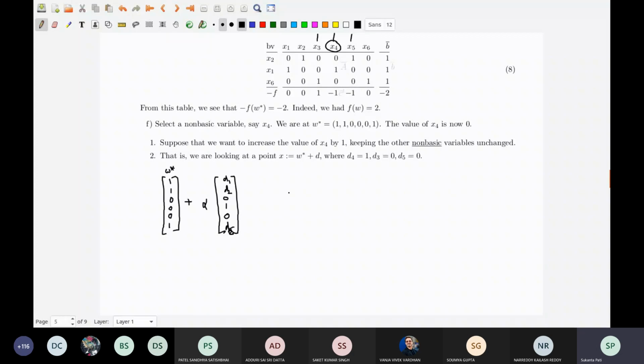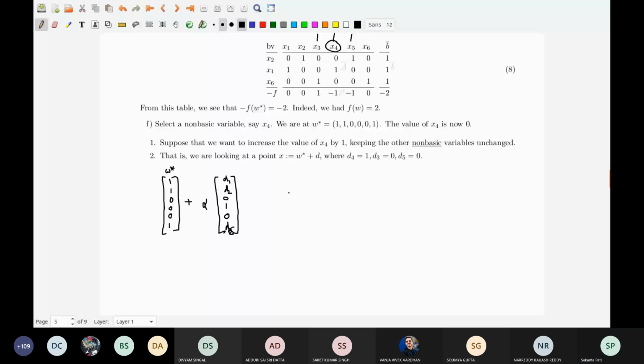In such a way that I should be staying inside the feasible set. I don't want to go out of the feasible set. I want to travel out of this BFS, but I want to stay inside this set. I mean, I want to find another BFS.